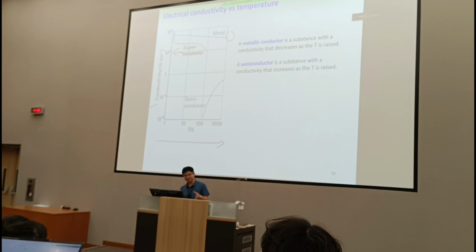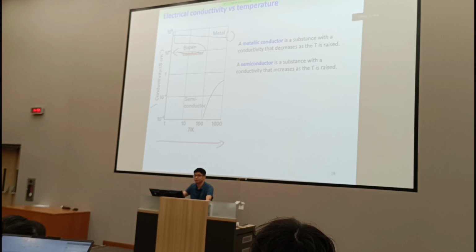For the metal, the carrier density is not an issue, right? There are so many free electrons. But if it becomes hot, that means the lattice vibration is very energetic. That is a bad effect that reduces the electron mobility inside the metal, so the conductivity drops.